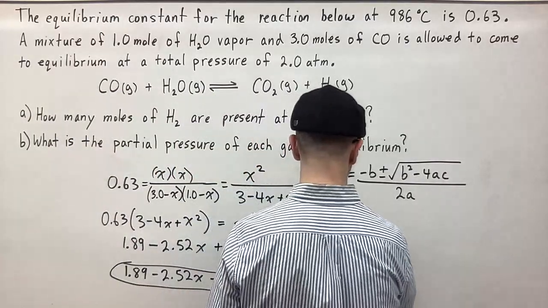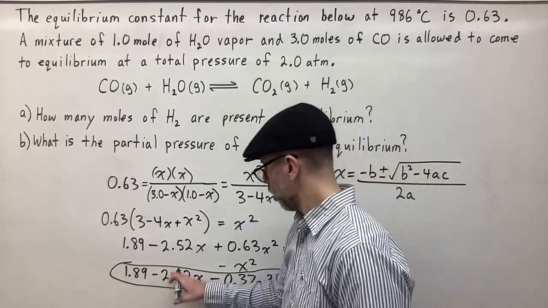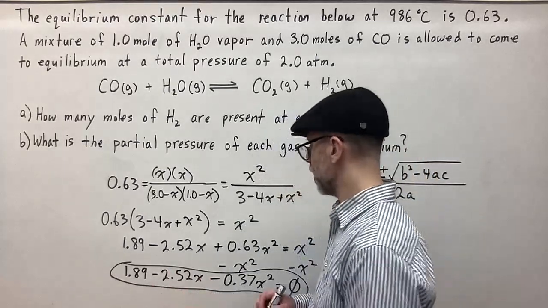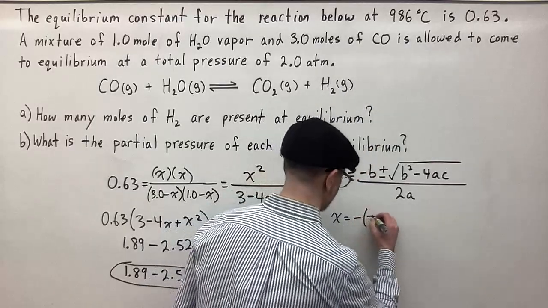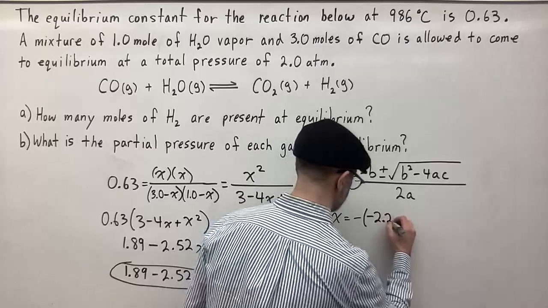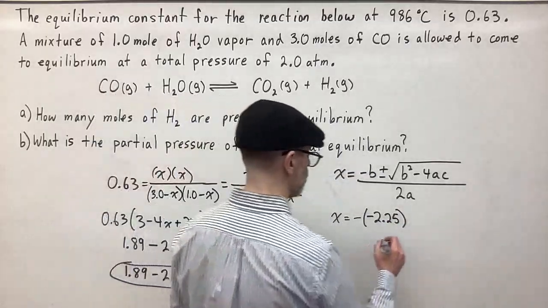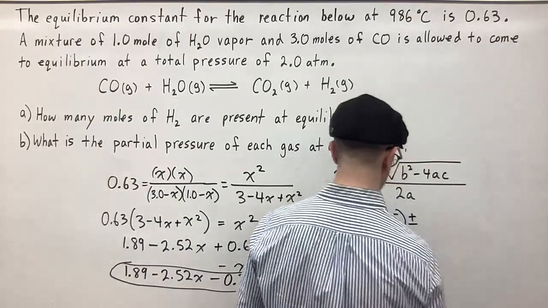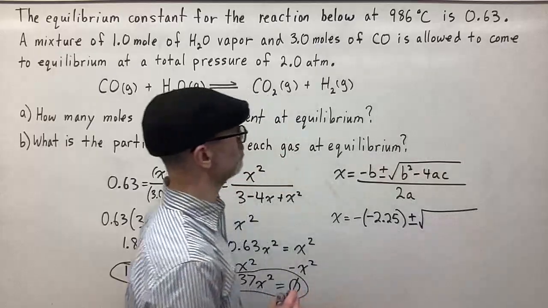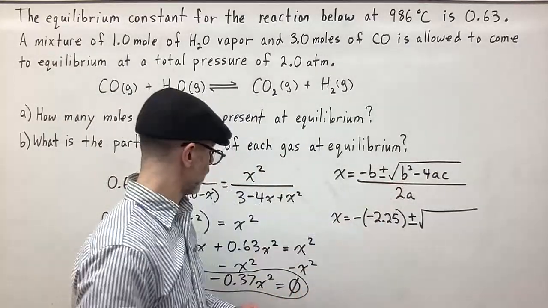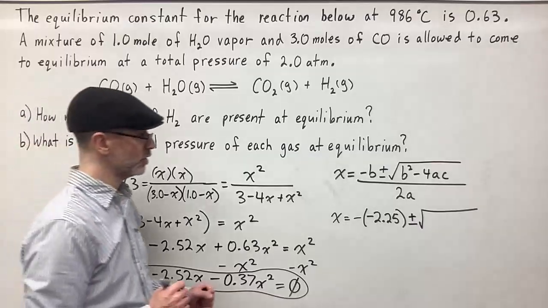So x is going to be equal to minus B. B is already negative 2.52. So it's going to be minus negative 2.52, plus or minus the square root of B squared. So B is, again, negative 2.52.